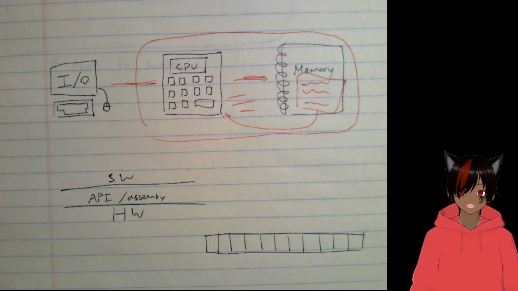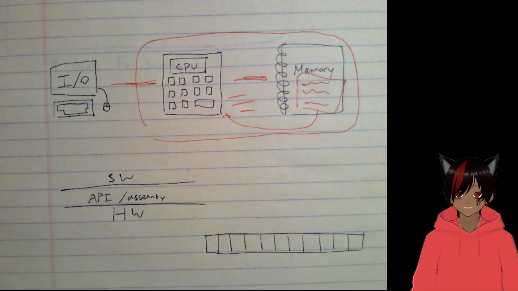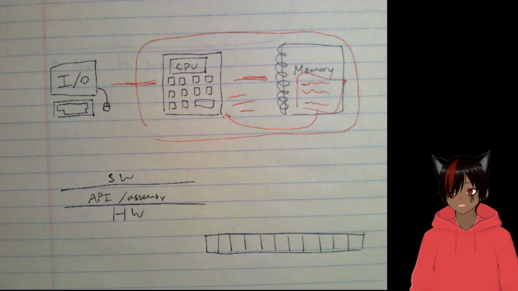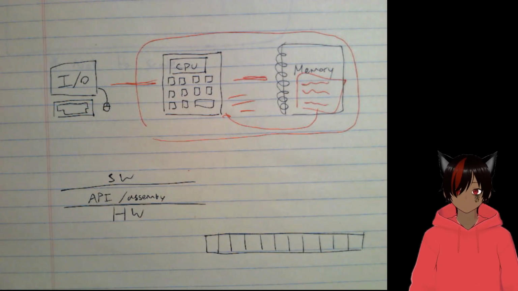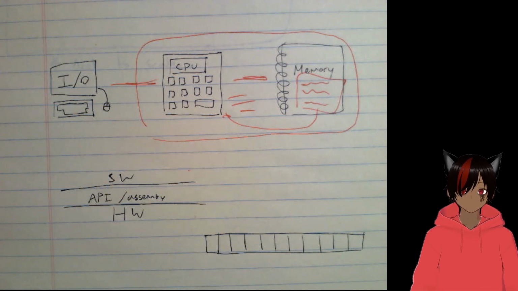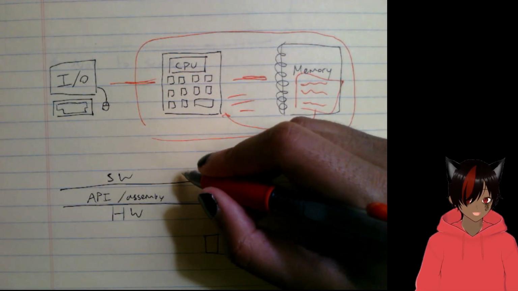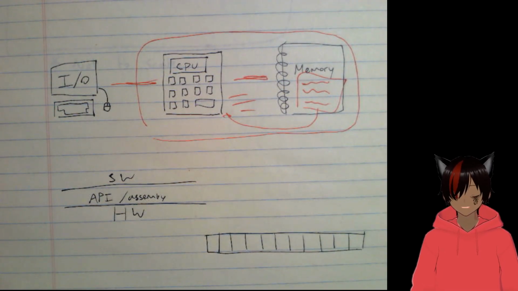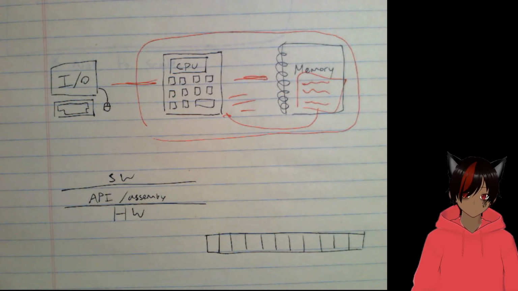The CPU says, okay, this set of bytes means add, or means do some branch, or whatever. These are the instructions that the hardware understands, and the software essentially is written in these instructions.